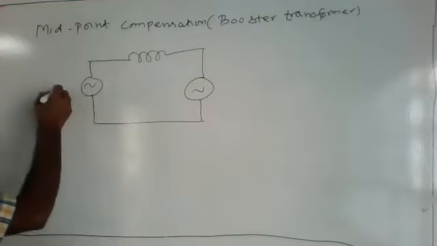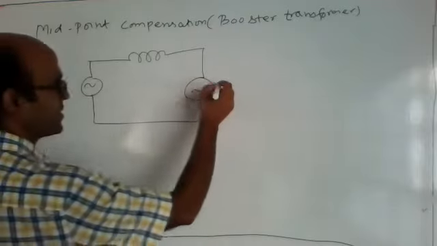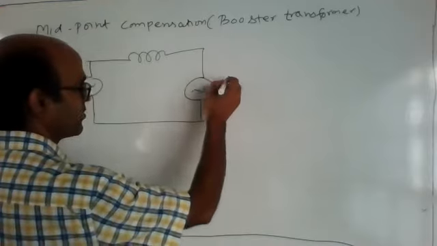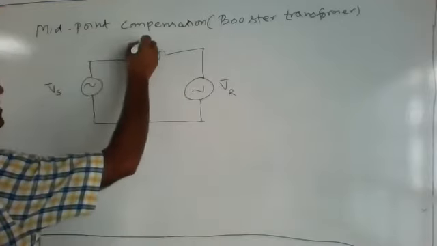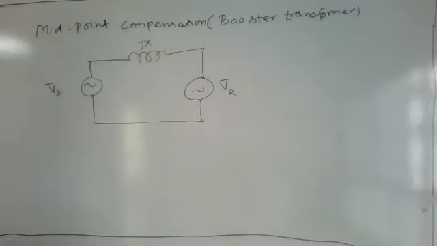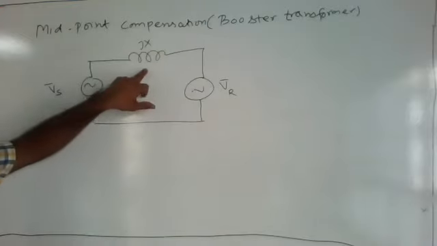This is the sending end voltage vector. This is the receiving end voltage. And this is jX. And due to some reason, suppose this voltage is dropped here.